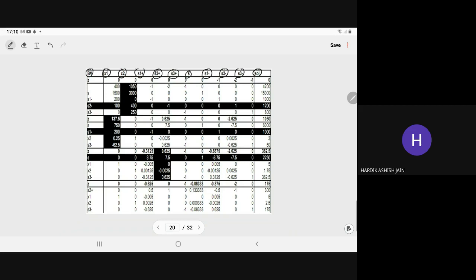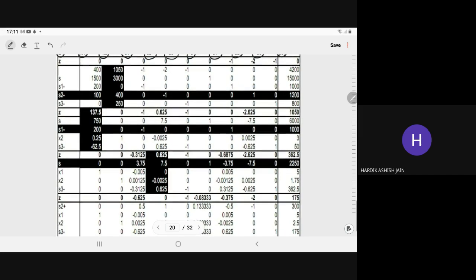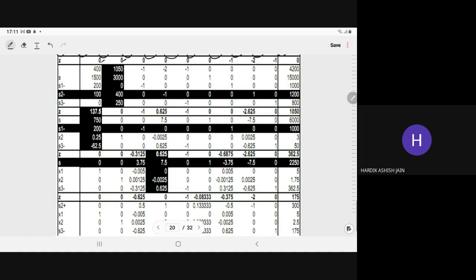The first entries are 0 0 0 0 0 0, and here we have minus 1 minus 2 minus 1, and here we have 0. Now the basic variables are s, s1 minus, s2 minus, s3 minus, right? On the right hand side it is 1500, 1000, 1200, and 800.